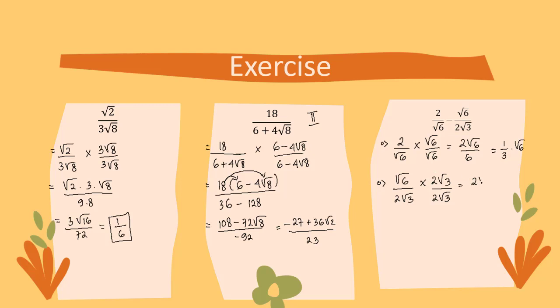And you can get the answer 2 times square root of 18 over 12. So you can get the answer 1 over 2 times square root of 2. Now you just need to do a calculation for subtraction. Square root of 6 over 3 minus square root of 2 over 2.